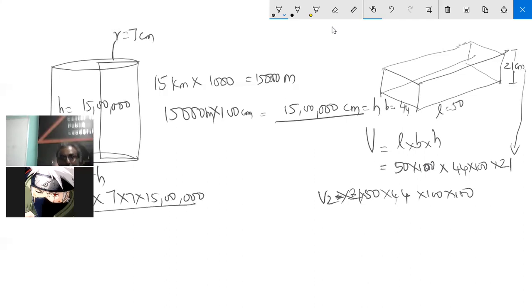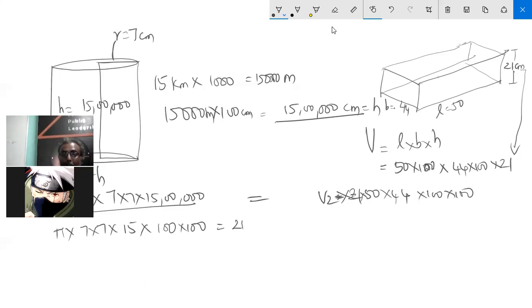Okay, this is volume 1 is equal to volume 2. That means 7 into 7 into 15 into 100 into 1000 is equal to 21 into 50 into 44 into 100 into 100.